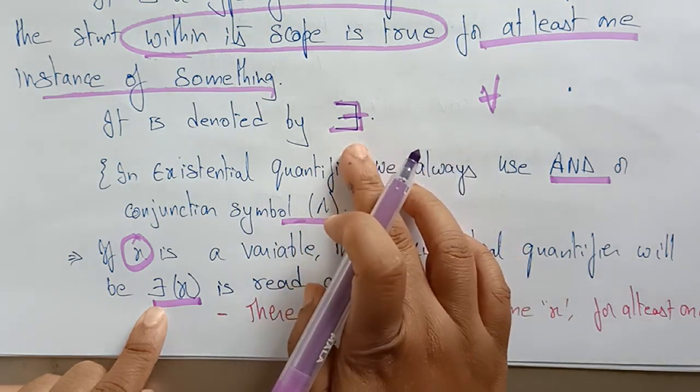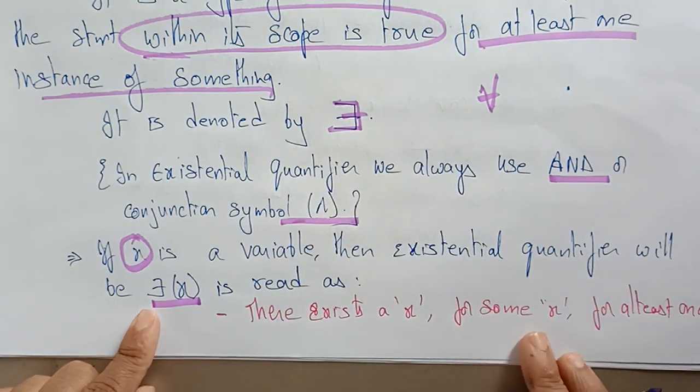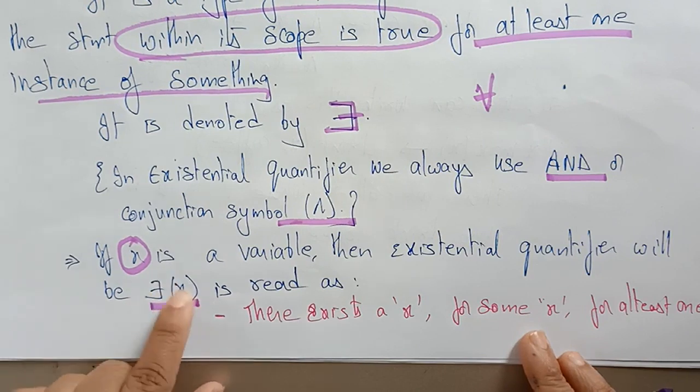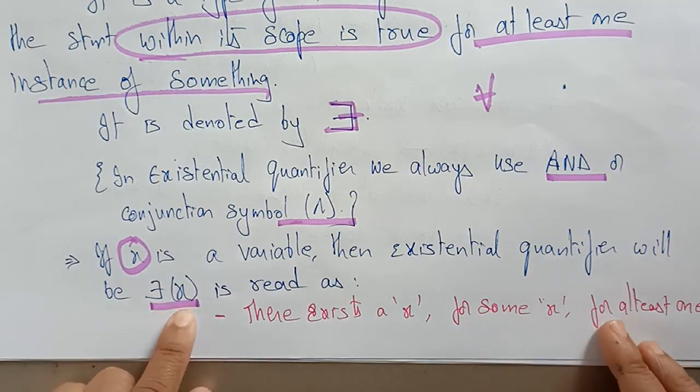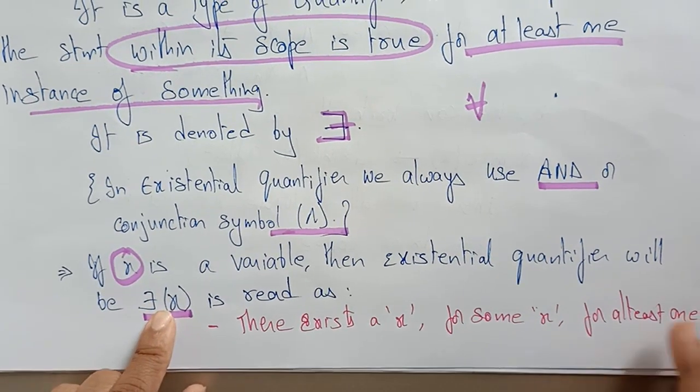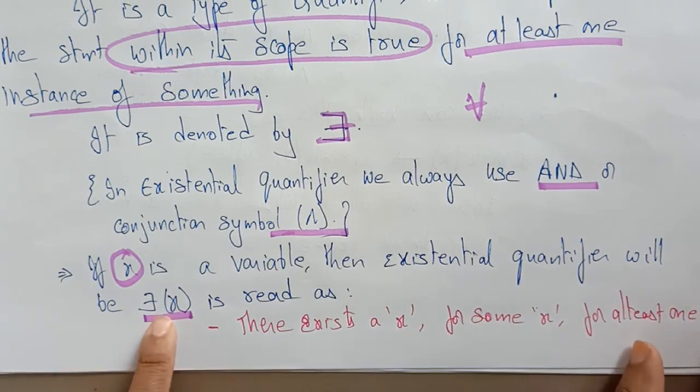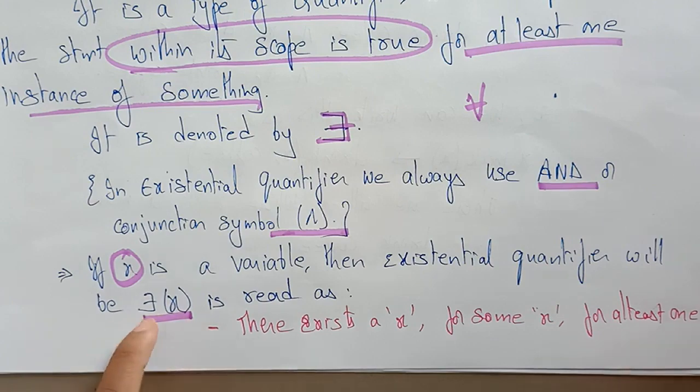If there exists x, then it is true. You can also call it for some x, for at least one x. For all these types of statements, you have to represent this symbol: there exists x, for some x, for at least one x.